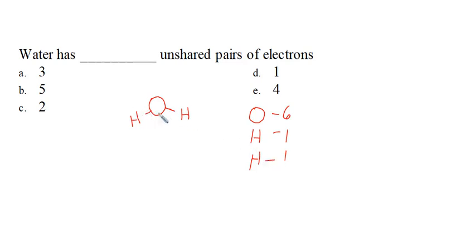Here I have 2, 4, so I need to put a couple of unshared pairs on this oxygen like that. These are now the shared electrons here. These are the unshared electrons, so we actually have 2 pairs of unshared.